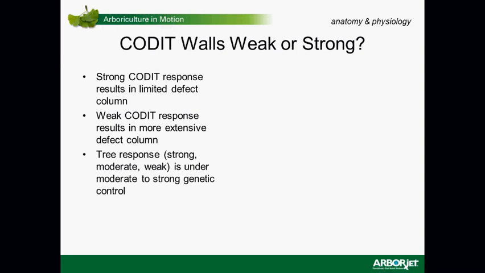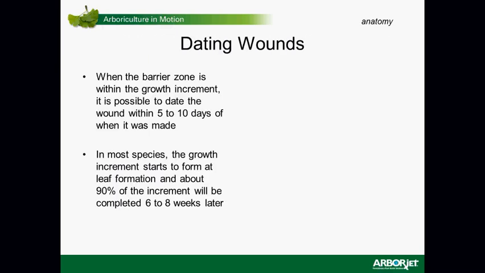What does that really mean? Well, trees in wooded areas that are grown from seed will vary in their CODIT responses. Trees that we get from nurseries that are produced clonally by cuttings will tend to act the same way, and you just have to learn your trees.